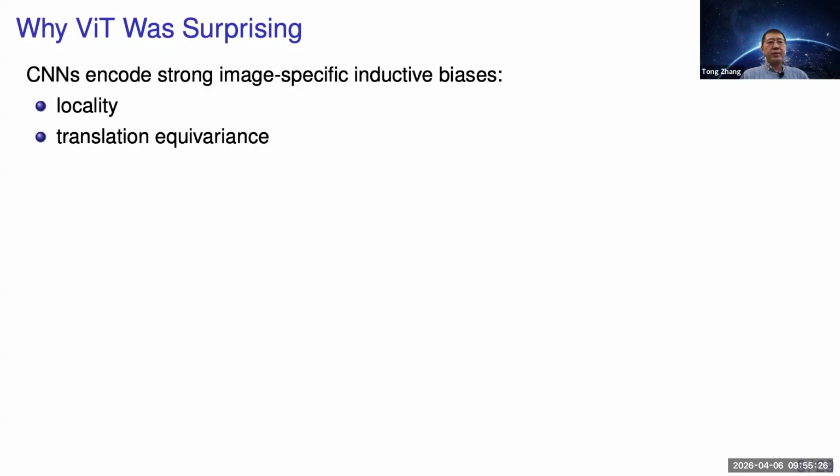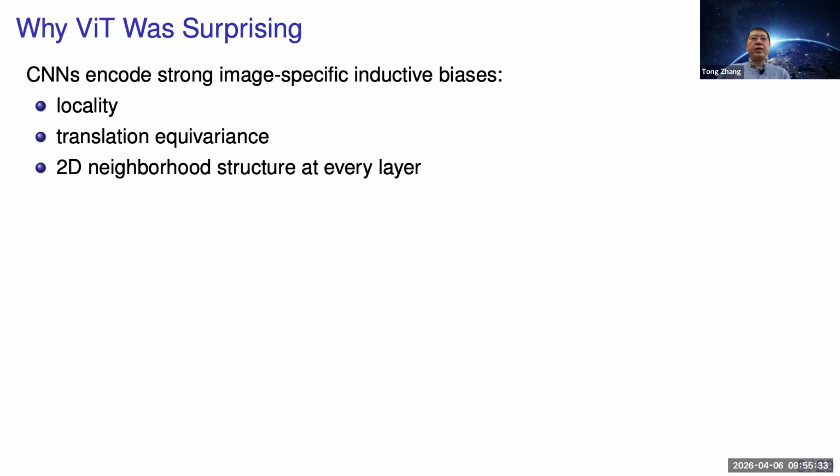And they always maintain this kind of windowed structure, right? So neighborhood, if you think about it, they always become a grid. Even when they do downsampling or upsampling, it is still an image. Image becomes image, becomes image. So this is something which is there.